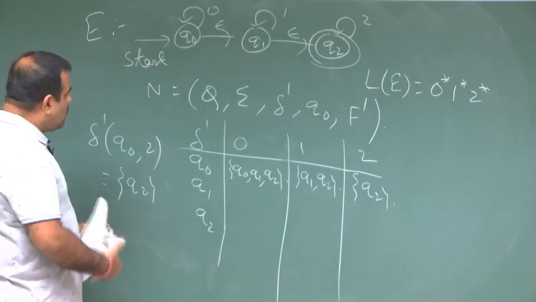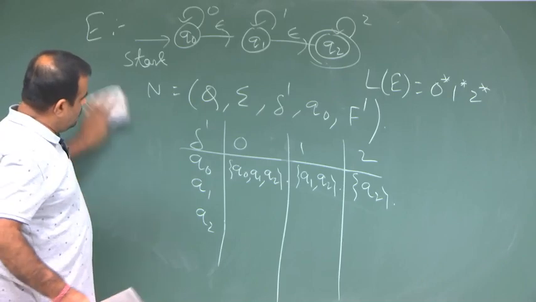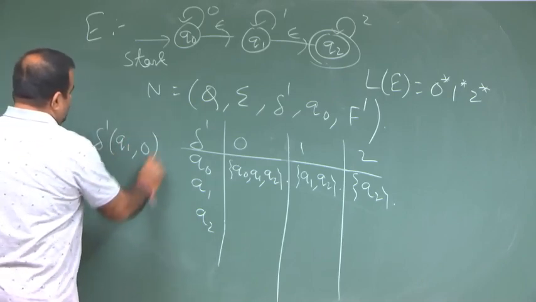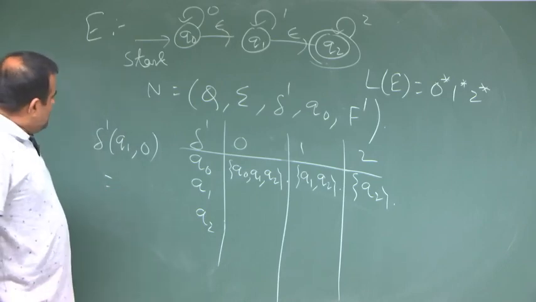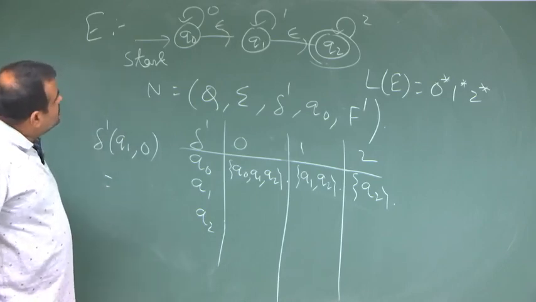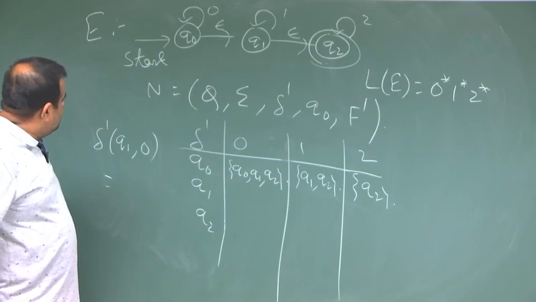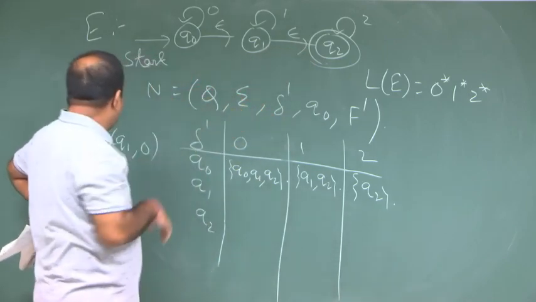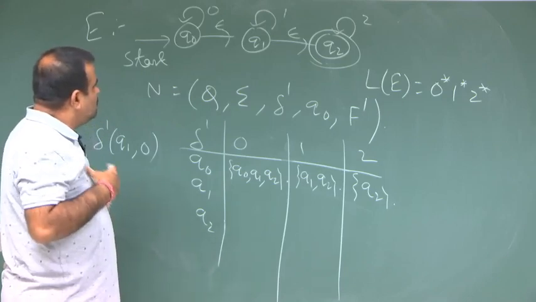Now, from Q1 to Q1 with 0, delta prime of Q1 with 0. From Q1 if we have an epsilon move we can go to Q2, but from there we have no move for 0.